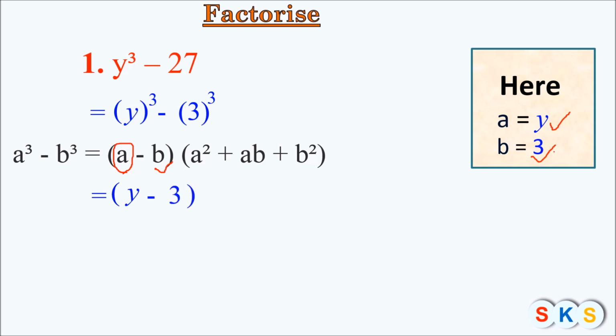In the same way we are going to substitute the values of a and b in the second bracket. Here the first term is a square, and the value of a is y, so we will get y the whole square plus.